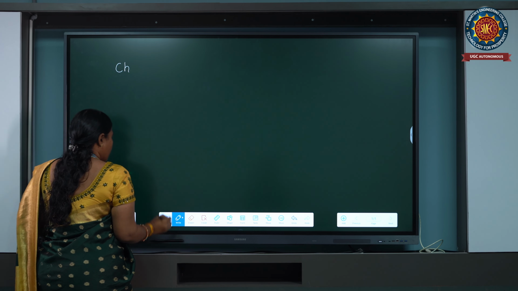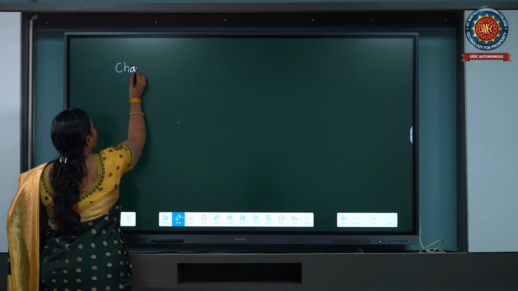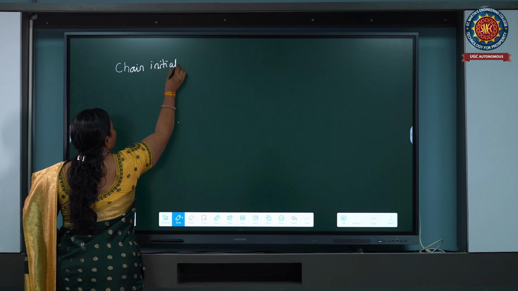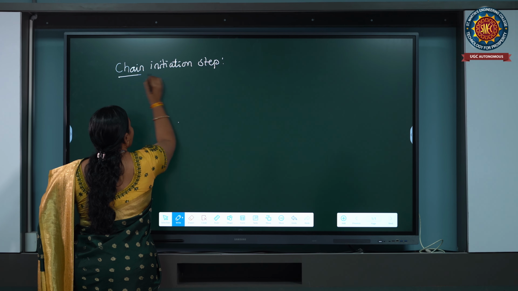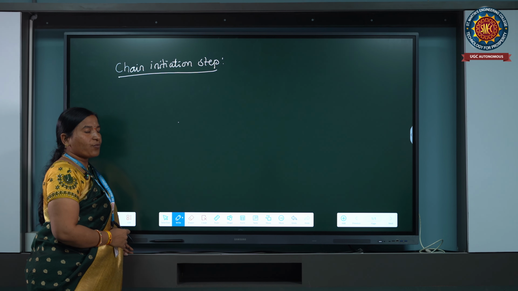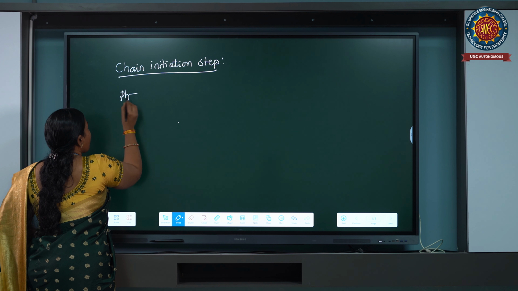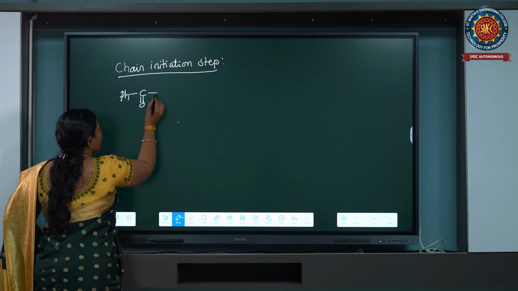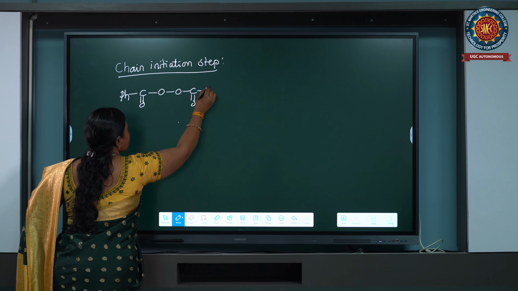Now, in the chain initiation step, first we use the catalyst, benzoyl peroxide. As I told you, benzoyl peroxide is Ph C double bond O, O, O, C double bond O Ph, isn't it?